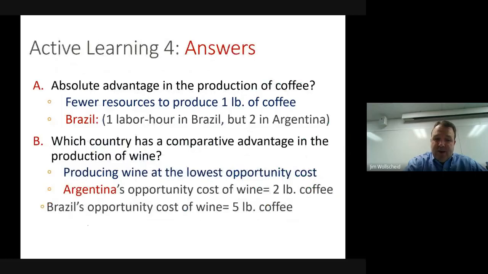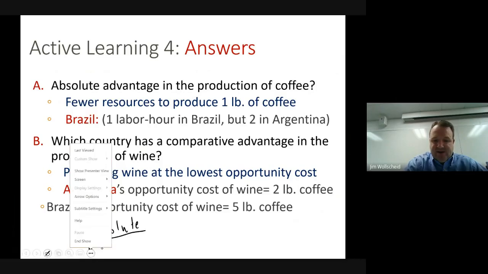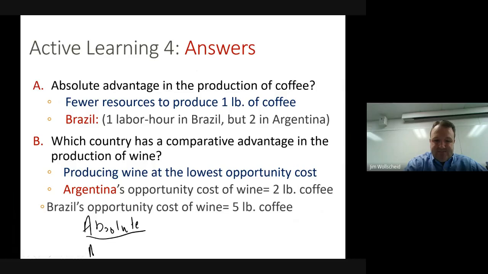There is kind of a rule here. It's simple. If the absolute advantage is split, so if you ever have a spot where one has the absolute advantage, see here, Argentina had the absolute advantage in wine, and Brazil had it in coffee, it will also then translate to comparative advantage.